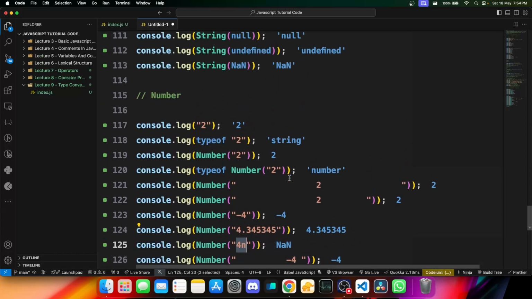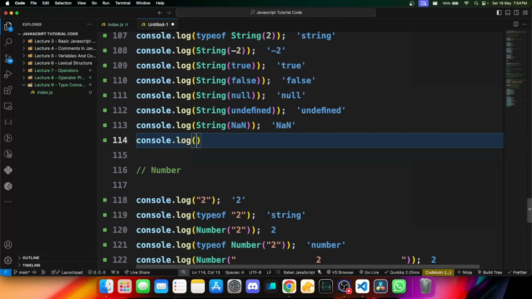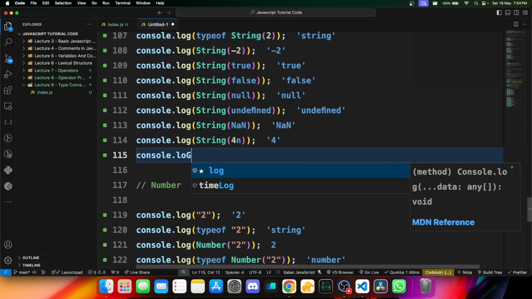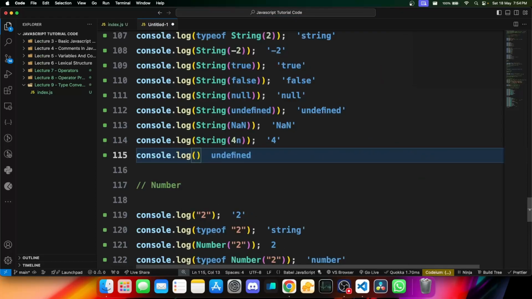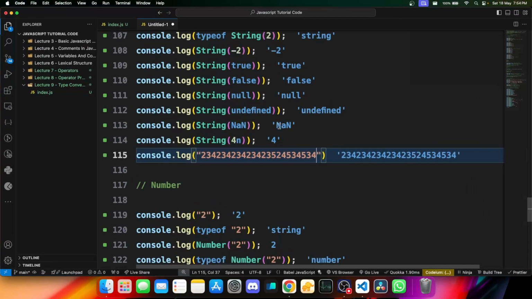So why is this happening? The reason is that if you say string of 4n, that basically gives you 4, because inside a string you can accurately store any number. It doesn't matter how big that number is, you can easily store that number inside a string without any kind of issues, and that's why it's working over here.